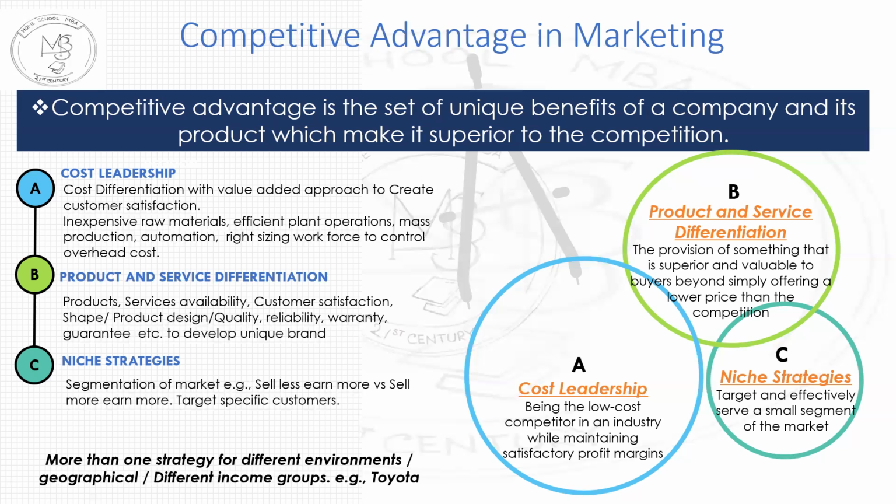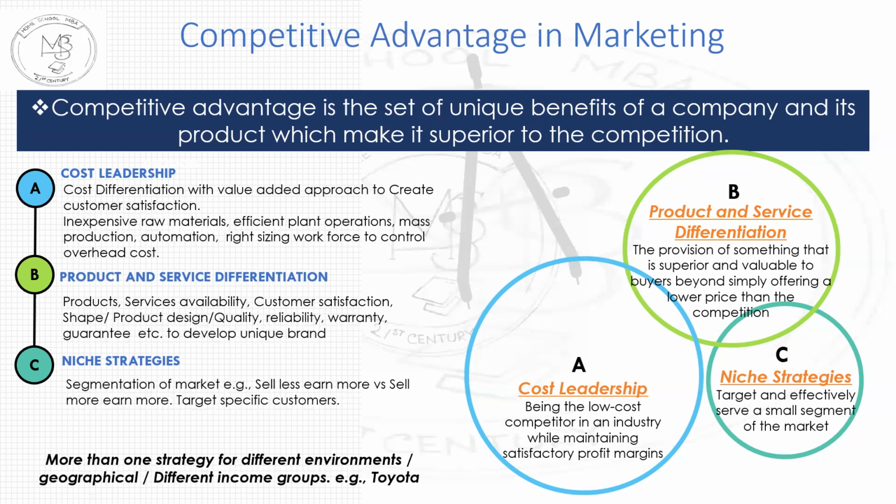Now, again, efficient plant operation. That means managing the people who are actually running the plant, the maintenance of the plant, and the use of technology in the operations and things like that also helps you to reduce your cost, as a matter of fact. And then is the mass production.